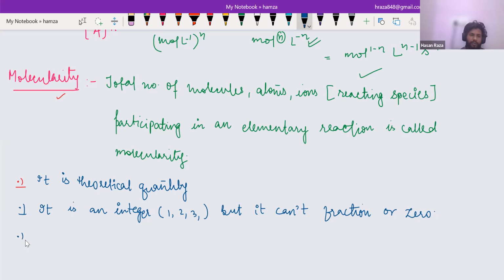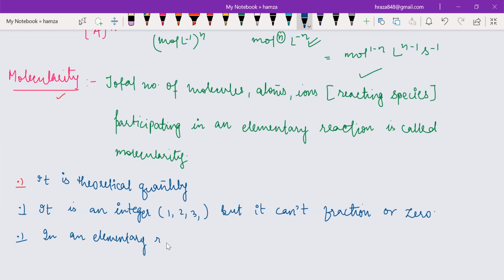Now the next point, which is also very important. I want to ask a question. Do you know what is an elementary reaction and what is a complex reaction? No, sir. See, an elementary reaction is one which completes itself in a single step, and a complex reaction proceeds in more than one step. Got it? Yes, sir.